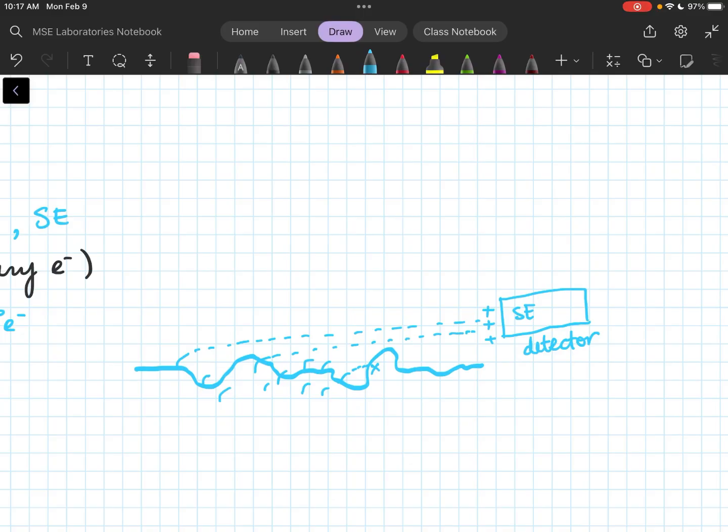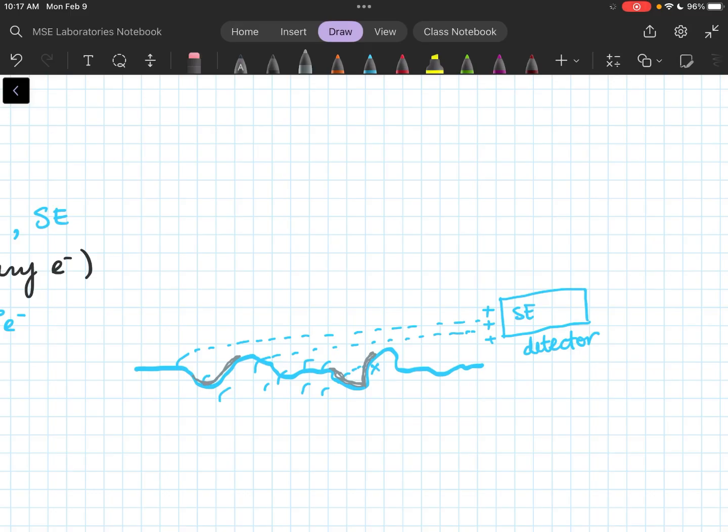This is going to create this shadowing effect. So let me see if I can do some gray. These electrons from here are not going to likely get picked up because I've got this big curvy thing. Also, anything kicked out from this surface is not going to get picked up because they're on the wrong side over here. Same with over here.